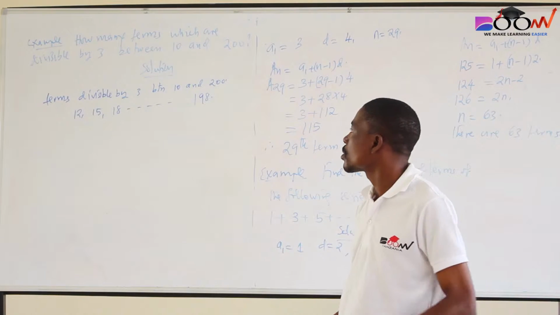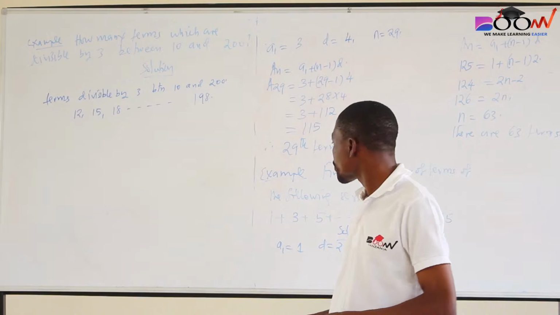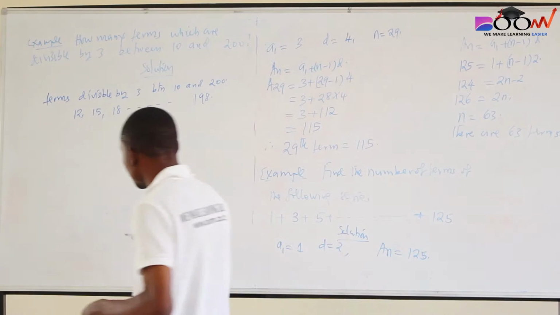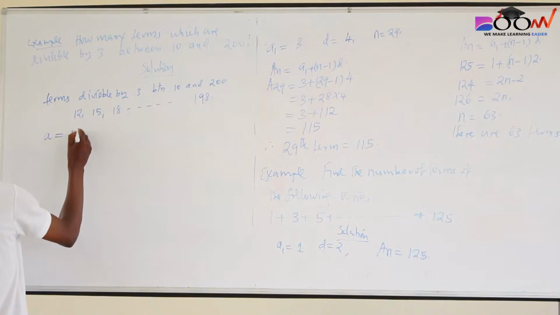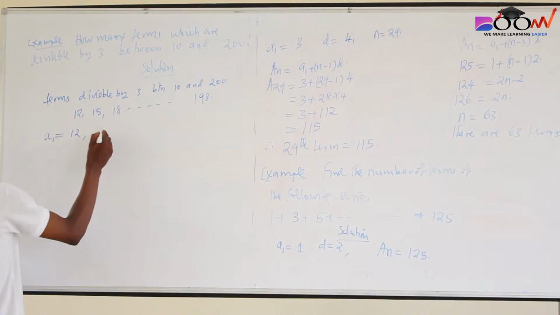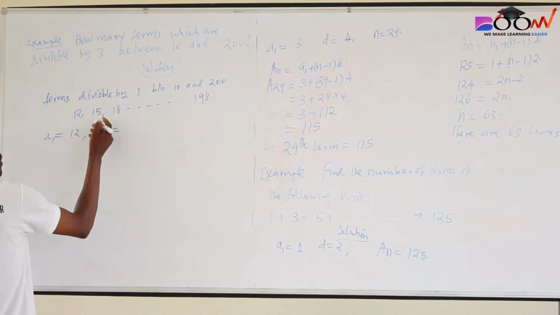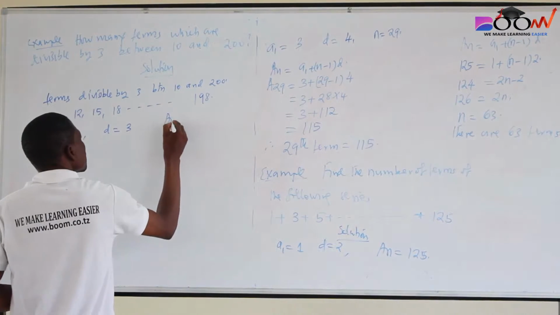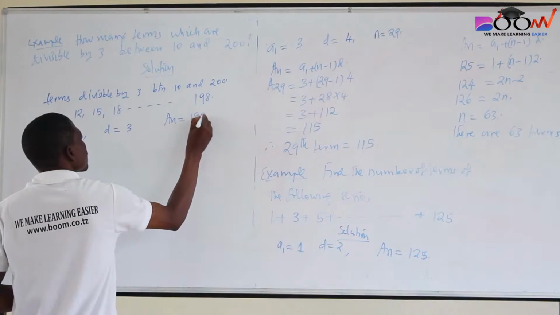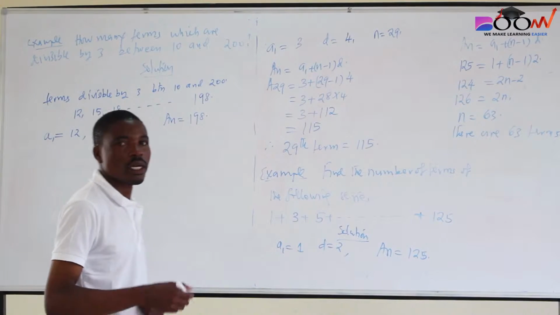The same question as before. In that case, our data given is a1 is 12. Our common difference, you take 15 minus 12, becomes 3. Our last term is 198. How many are they?